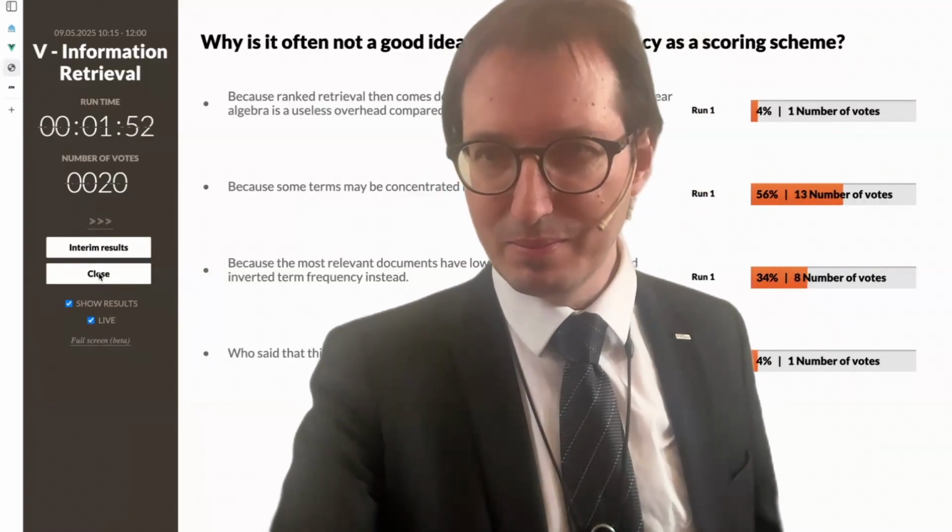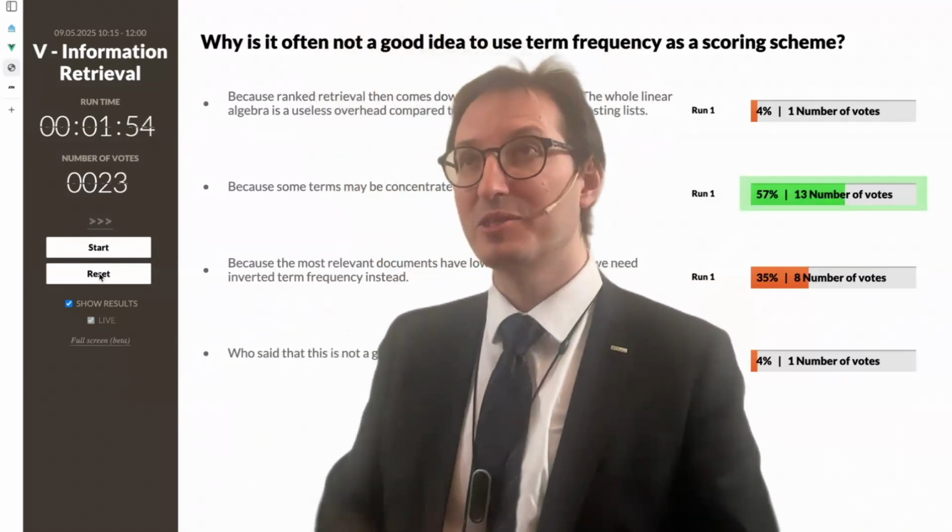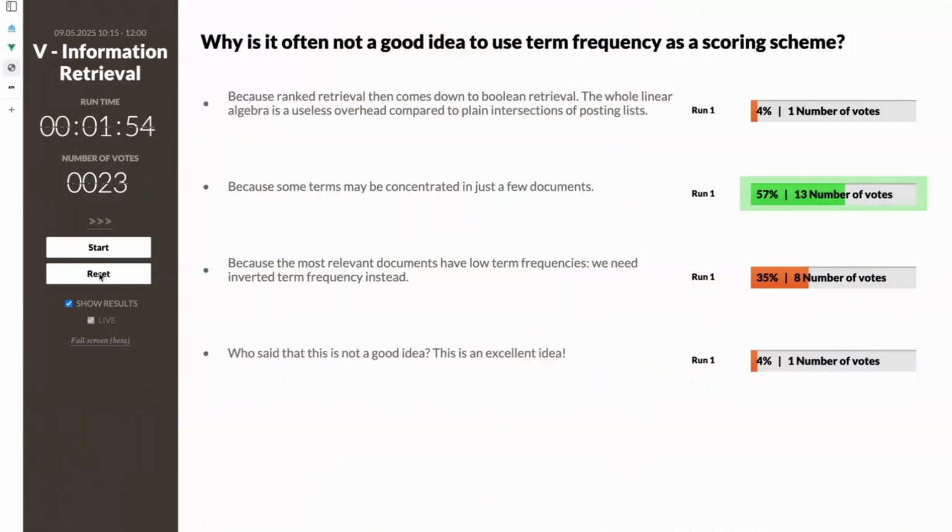And I am pleased to see that the majority is correct. Indeed, do you remember what we add in addition to the term frequency? What do we multiply it with very often? The IDF, yes, the inverted document frequency, right?